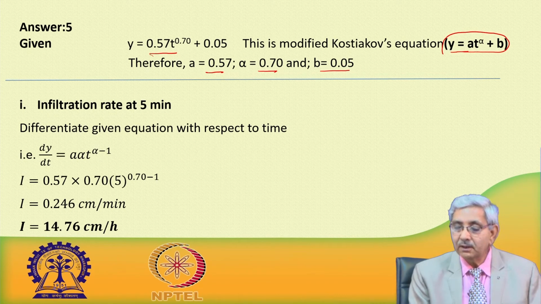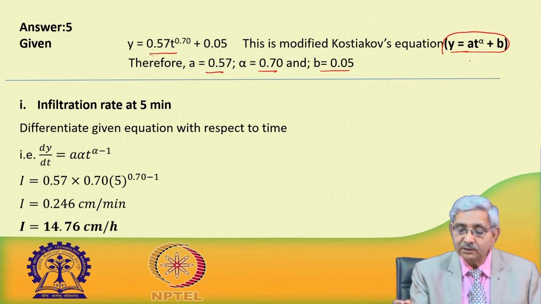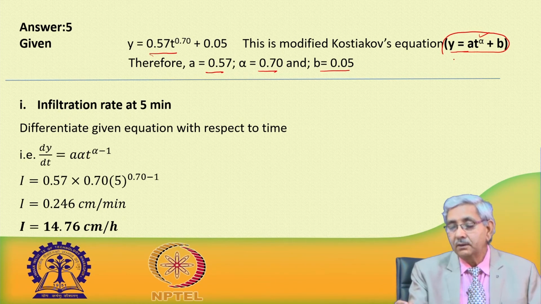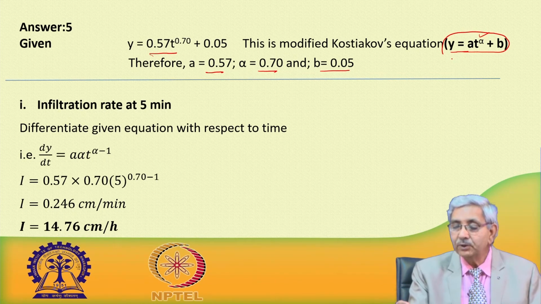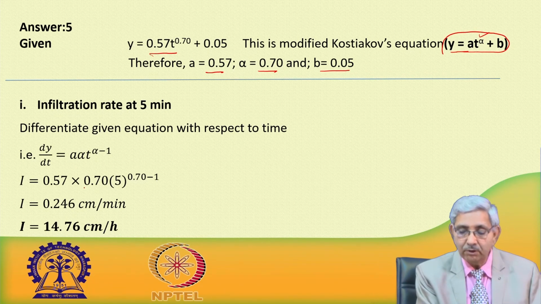This is the cumulative depth equation of infiltration, or accumulated depth of infiltration equation. We are asked to determine the infiltration rate at 5 minute elapsed time as well as for 30 minutes elapsed time.